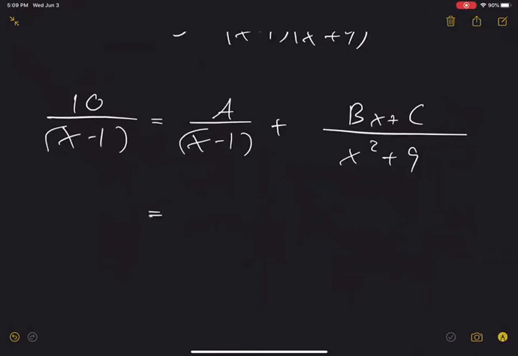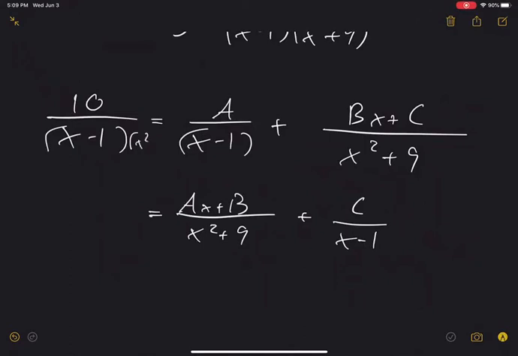So you could have also split it up as ax plus b over x squared plus 9 plus c over x minus 1. That is also acceptable. So don't be freaked out if you're doing things in a slightly different order than me.